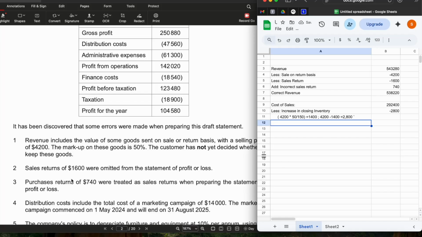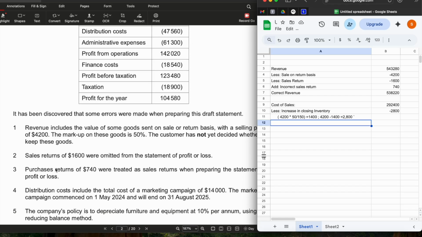Number 2, sales return of 1,600 were omitted from the statement. This is only related to sales return, nothing to do with cost of sales. And the last one is a purchase return of 740 treated as sales return. While calculating the sales, we already included that. But now while calculating cost of sales, purchases are part of that, and if there is a purchase return, it will decrease my overall cost of sales because it will decrease the purchases.